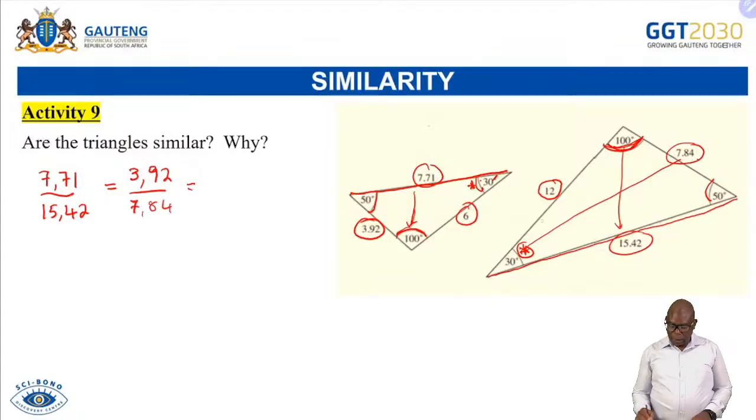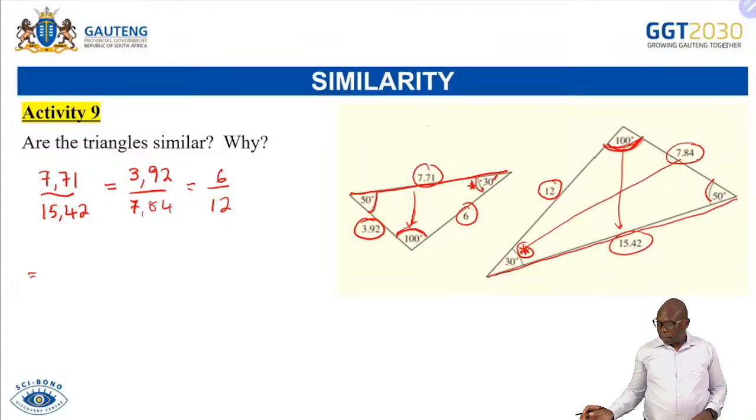The final one there will be 6 and 12. So I'm using the proportion, I'm not using the angles here, because I can see we've got same angles in there. But now I must also check the proportion. So if I check 7.71, and I divide this by 15.42, the answer will be a half.